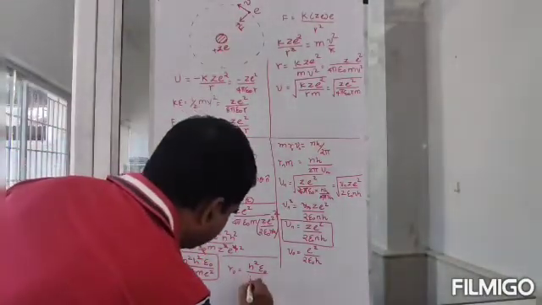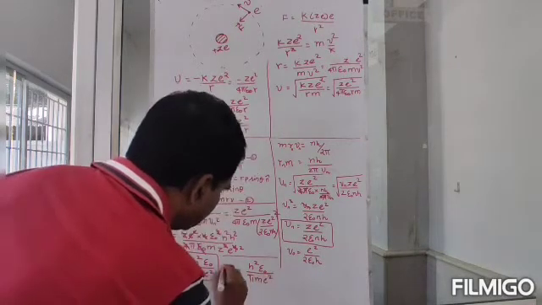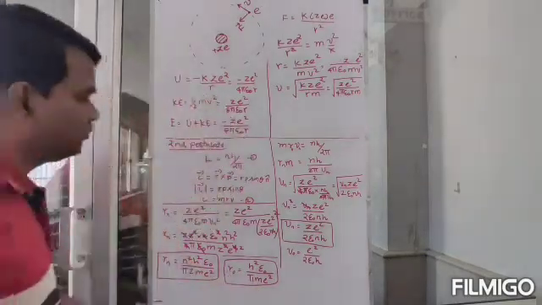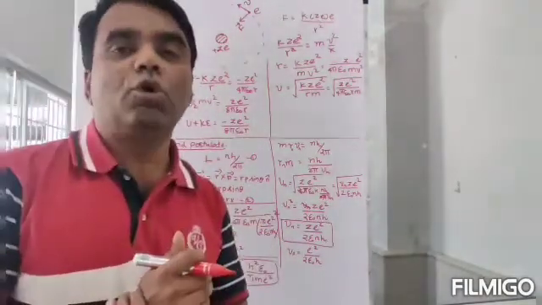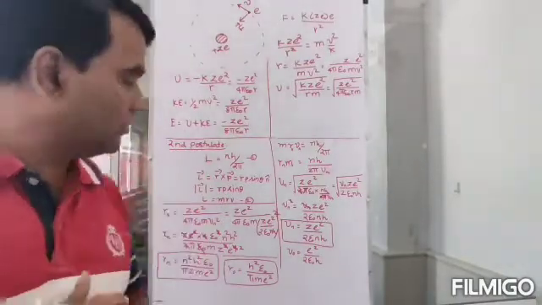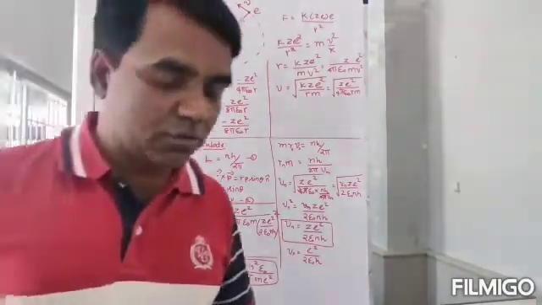So you get pi m e^2. Now you can easily calculate the radius of the first orbit, or the unexcited orbit of hydrogen. This is called the Bohr radius.